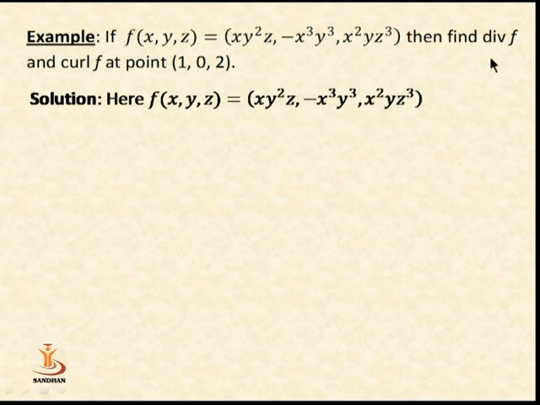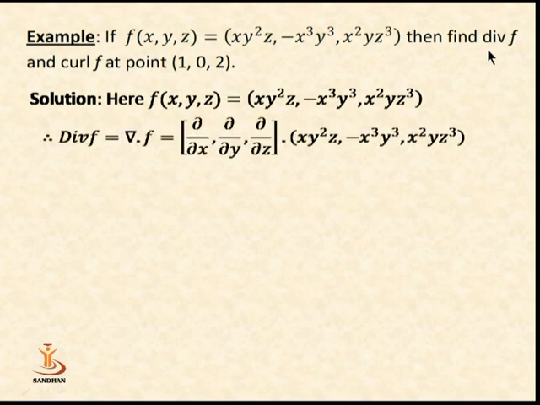Now we first find divergence f. Thus we write the definition of divergence. Divergence f is del dot f, where del means del by del x, del by del y and del by del z, and the dot product with respect to our f. This one is f1, this one is f2, this one is f3.